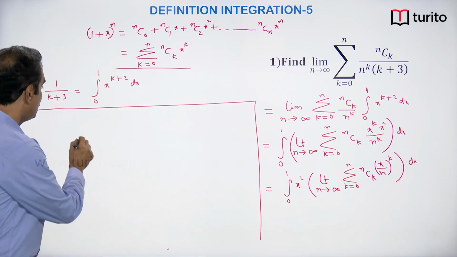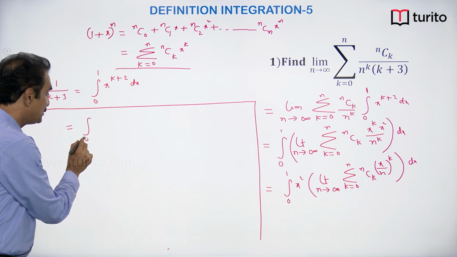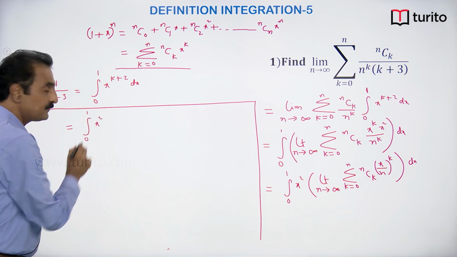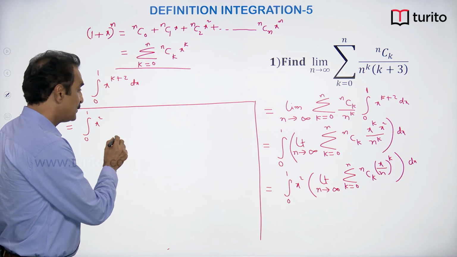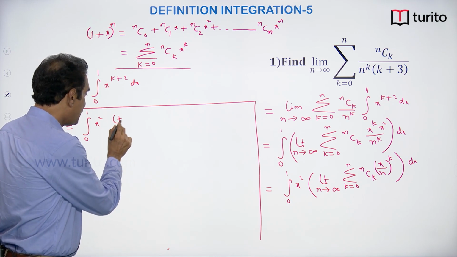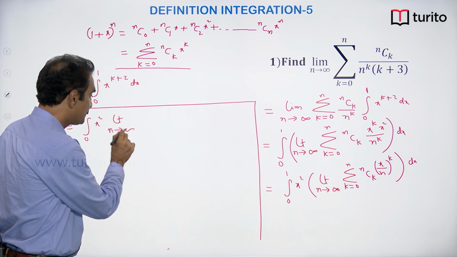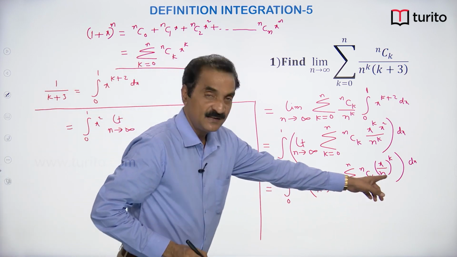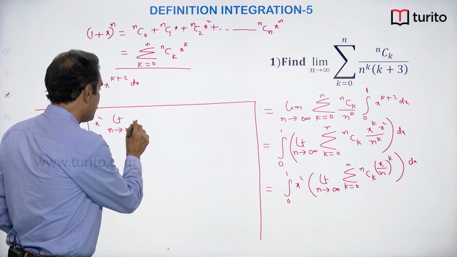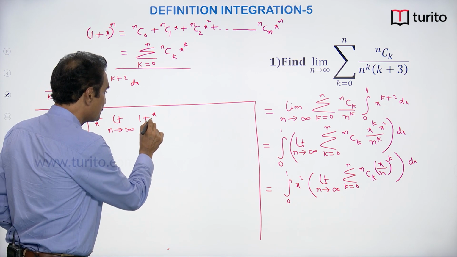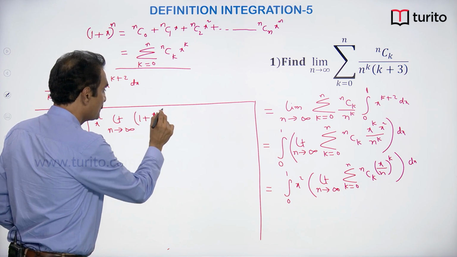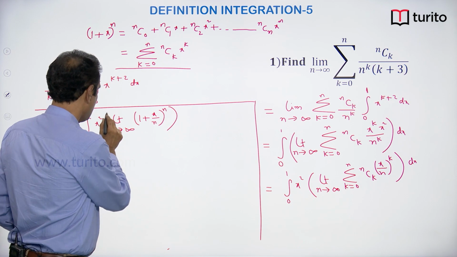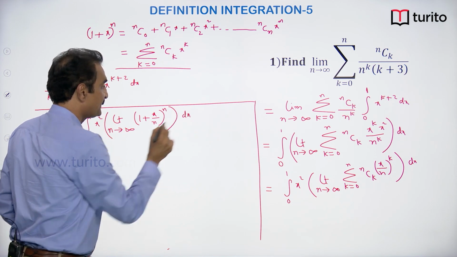That is integral 0 to 1 x square into limit n tends to infinity, the remaining is 1 plus x by n whole power n, dx.